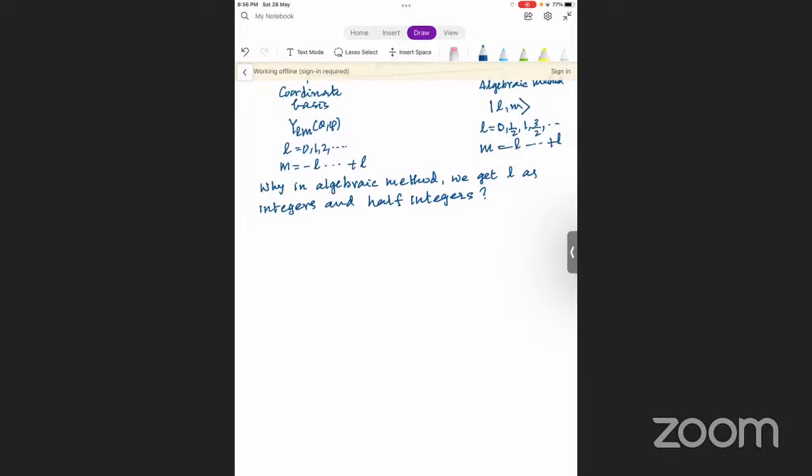But this L also has certain commutation relations with X and P. In the algebraic method, we did not worry about that. So there should be some way those commutation relations will play a role, right?